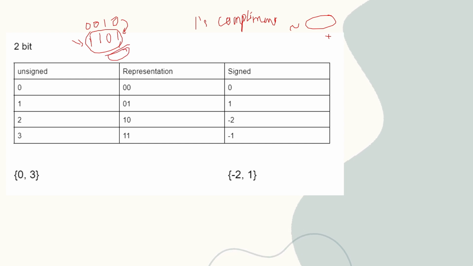a new representation. And in this new representation, suppose you have some new representation like this, then whatever the first bit is there, you might have seen it, this is the most significant bit, and this bit will generally represent your sign, whether it's a positive number or a negative number.